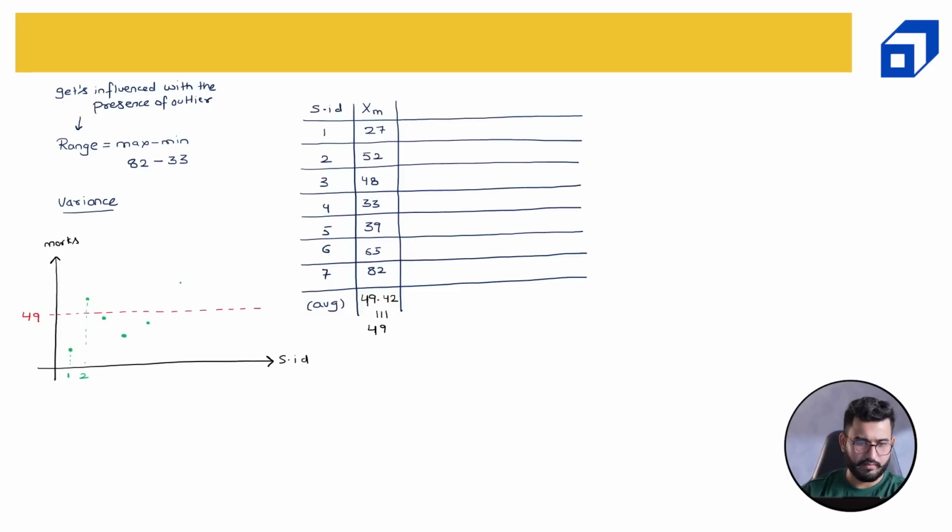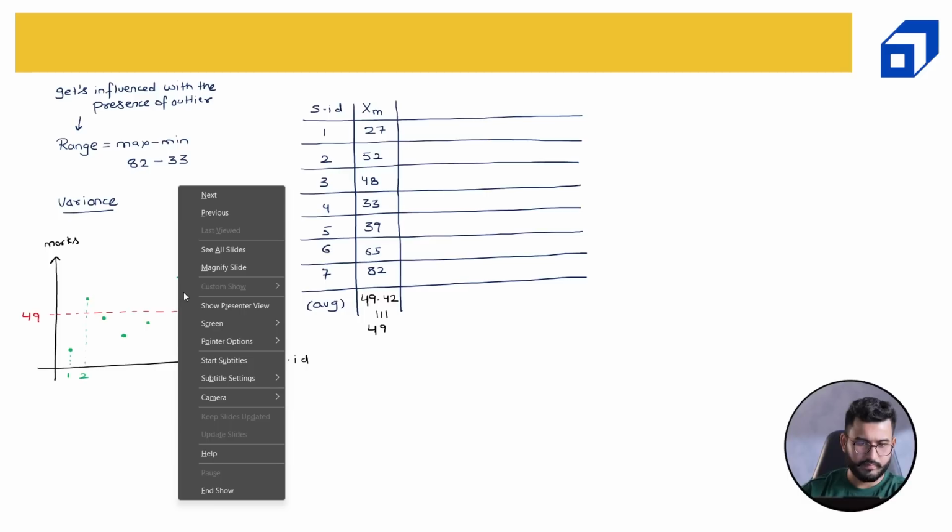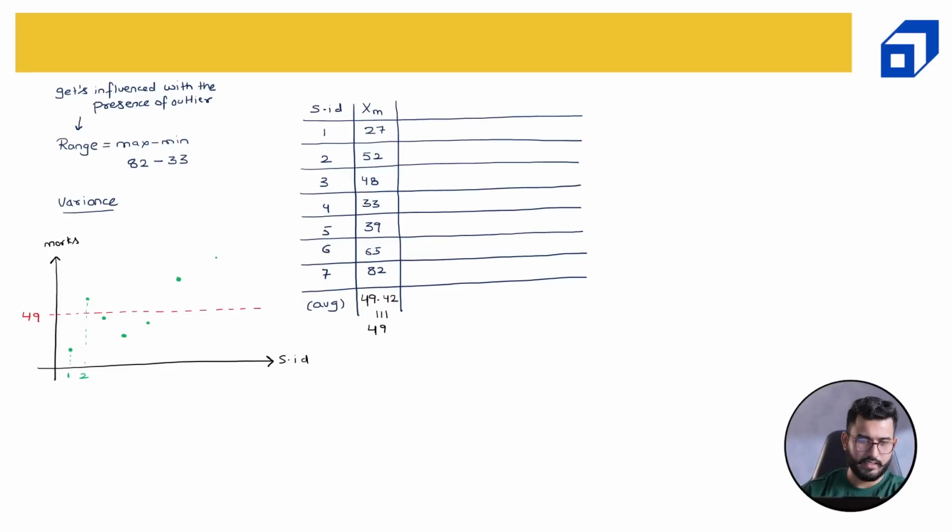Then 65, over and above the average line. And finally 82, which is again over and above the average line. So these are my data points. This is my student number 3. This is 4, 5, 6, finally 7. We have 7 data points.